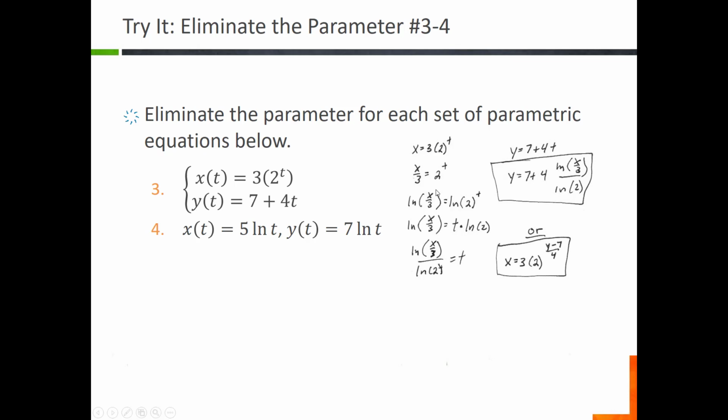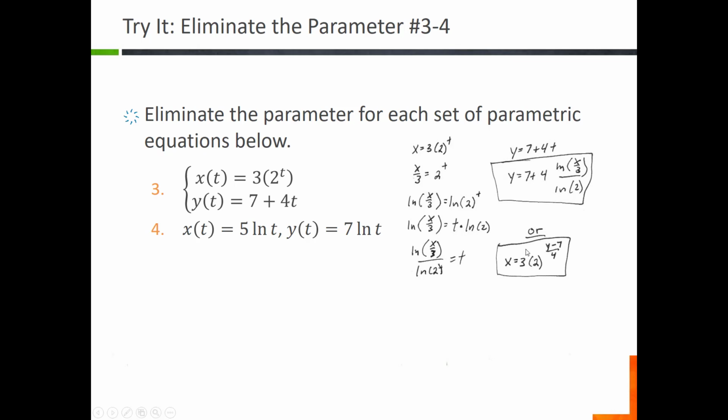That's going to involve using some logarithms, and then we can pull the t out front because it's a power, so those are properties of logarithms. We could have simplified things and just done a log base 2, but we'll do it this way. So we solve it for t. We take this t expression and we plug it into our y equation. So 7 plus 4t, we replace the t with our natural log expressions.